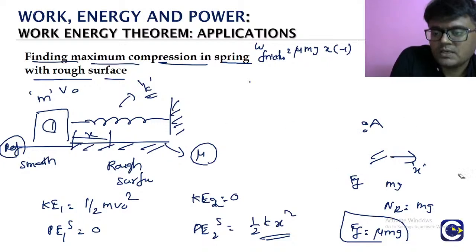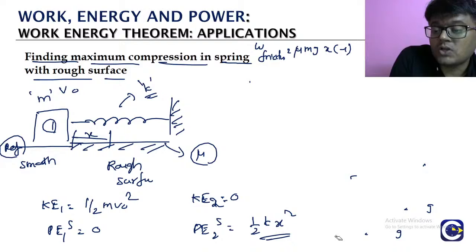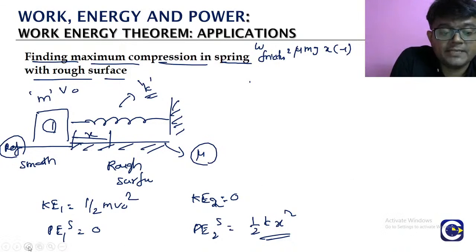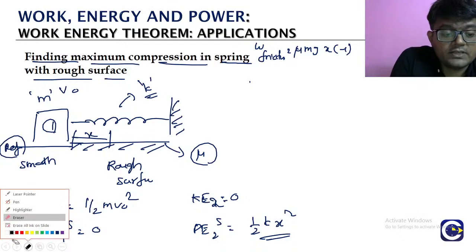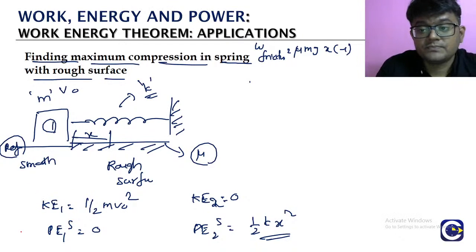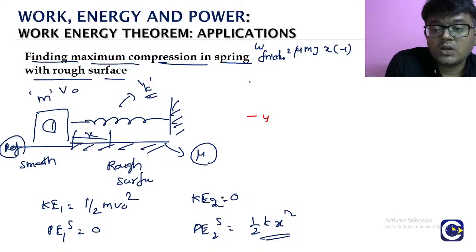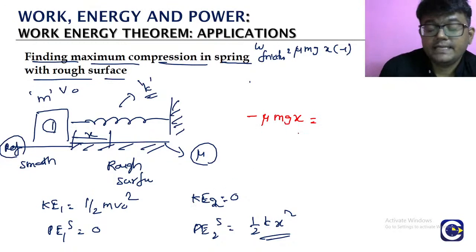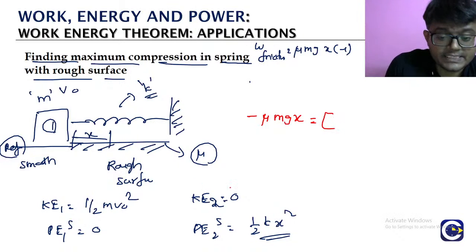Okay. So here we are having work done by the non-conservative forces. Then what is the expression we'll have? The work energy theorem: work done by the non-conservative forces and other external forces, minus mu mgx, is equal to the change in kinetic energy.